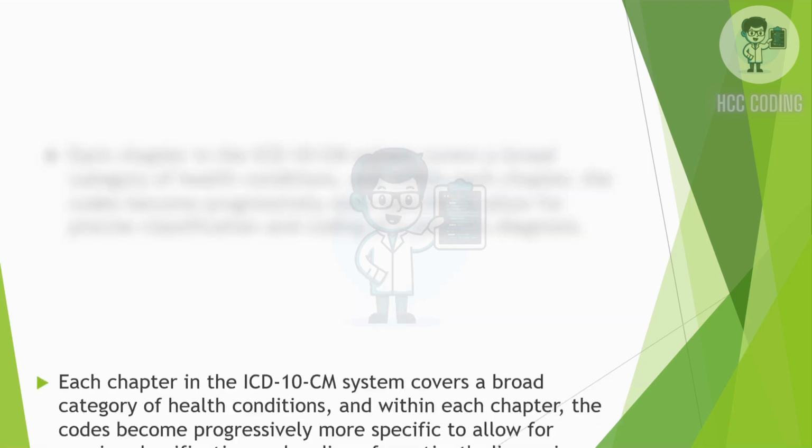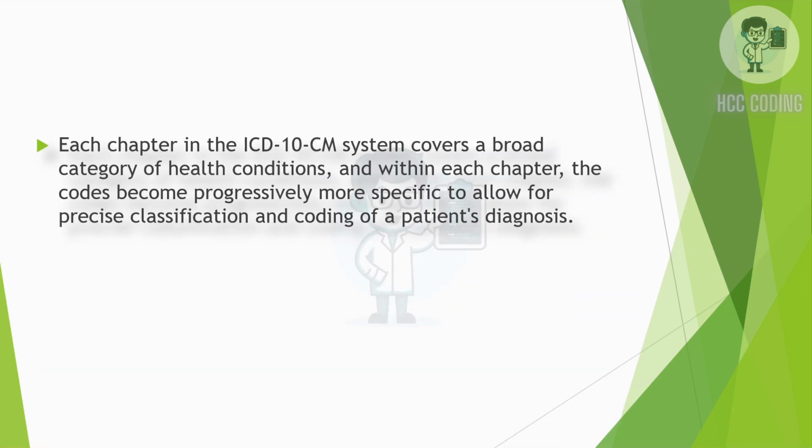And we'll have a small definition, a brief about ICD-10-CM, where each chapter in the ICD-10-CM system covers a broad category of health conditions. The code becomes progressively more specific to allow for precise classification and coding of a patient diagnosis. Meaning in each and every chapter, we will not have only the condition related codes, but also the condition specifications.